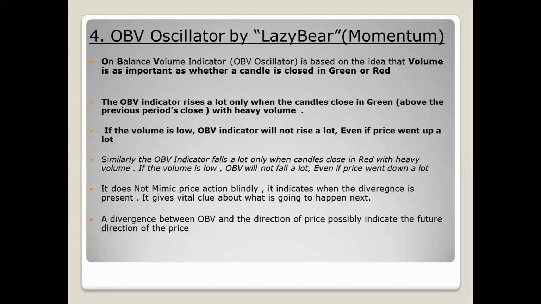Because in our early stages of trading, whenever we see a green candle or red candle, we think that the trend is continuing. But that may not be the case. We need to analyze how the volume is behaving, whether to hold on to the trade to maximize the profit, or to book the profits.